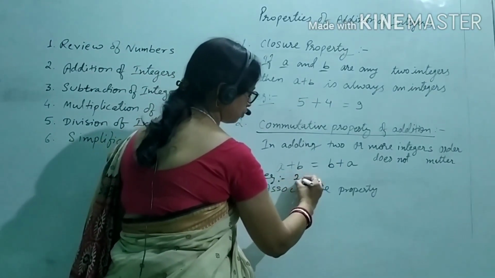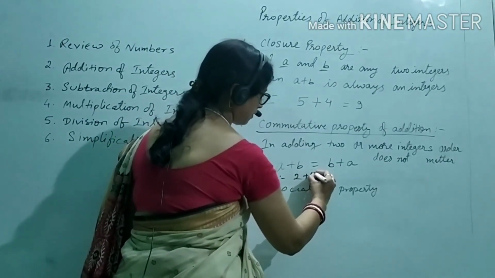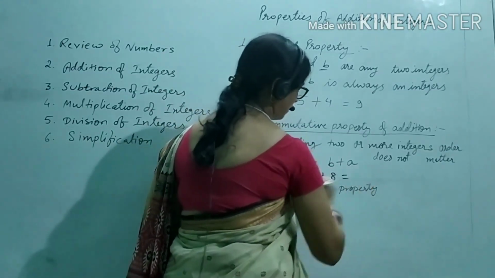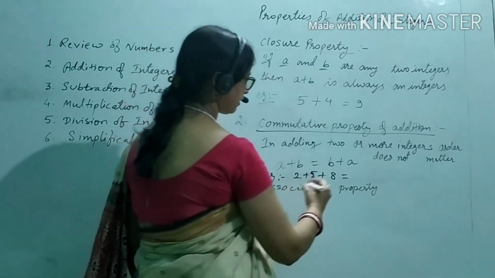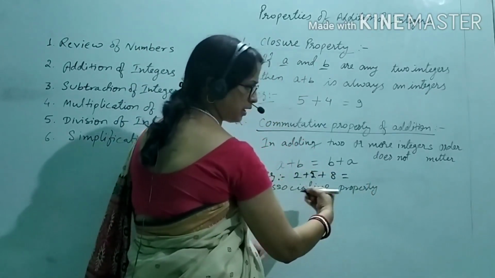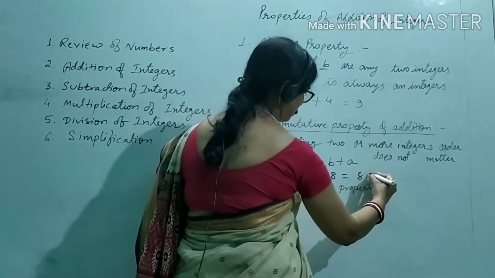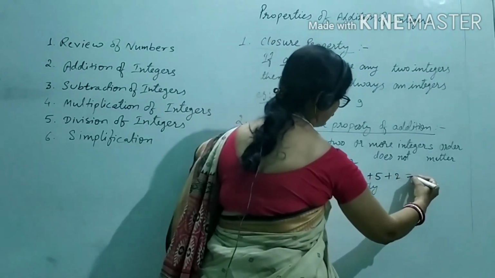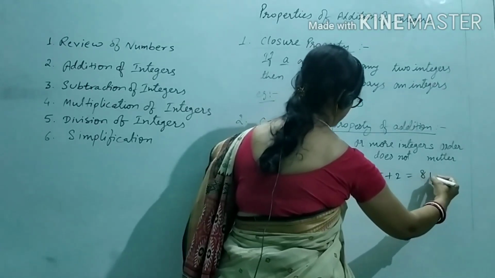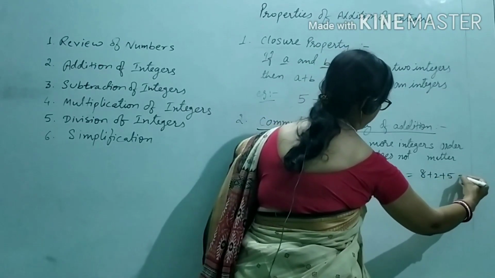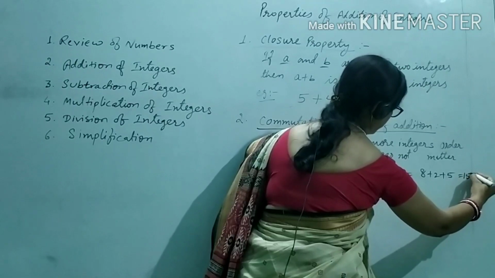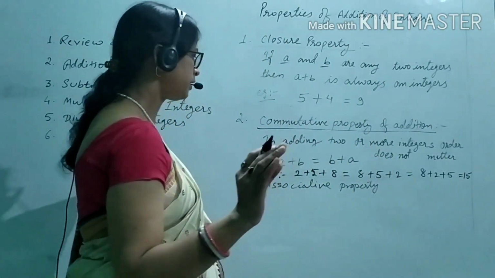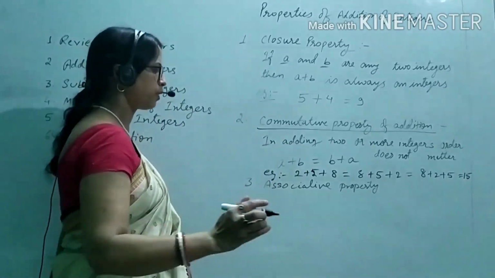Suppose 2 plus 5 plus 8. We are going to add these all. Then suppose the same numbers are rearranged: 8 plus 5 plus 2. Or if we write 8 plus 2 plus 5, the answer is the same, that is equal to 15 only. Now coming to the associative property.